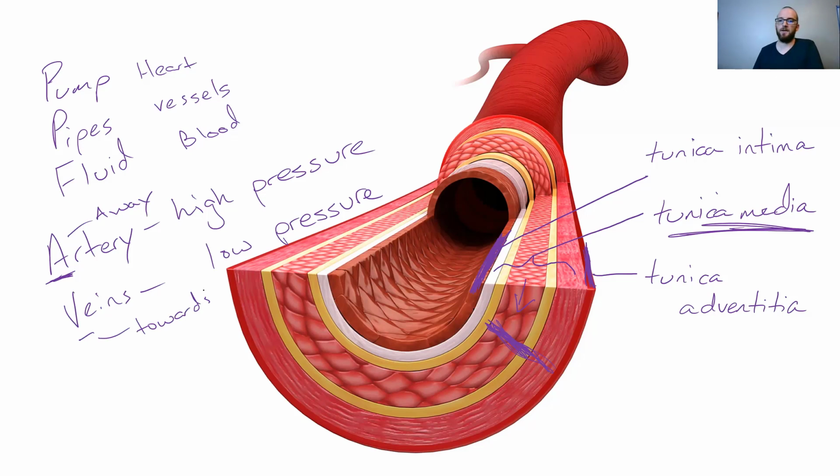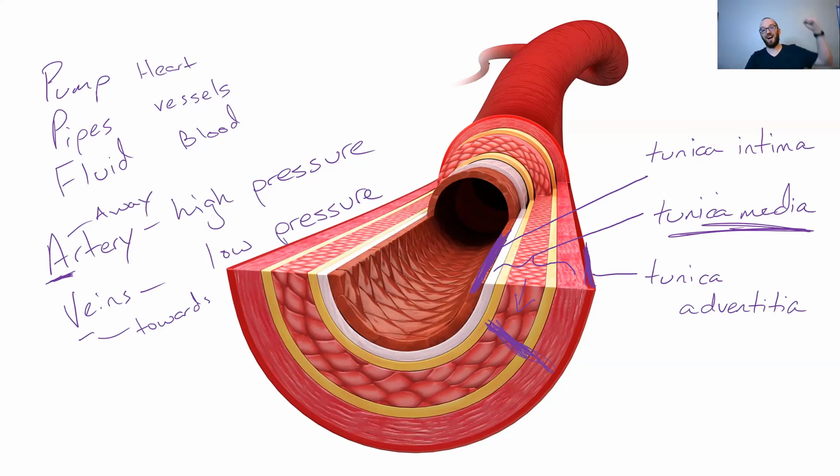Like the pulmonary artery was the blood flow leaving the heart, pulmonary veins bringing blood back to the heart. The aorta, the biggest artery in the body, going away from the heart, taking blood to the body, and then the big vena cava, veins bringing the blood back to the heart. So arteries are away from the heart, veins are back towards the heart. Arteries are high pressure, veins are low pressure.